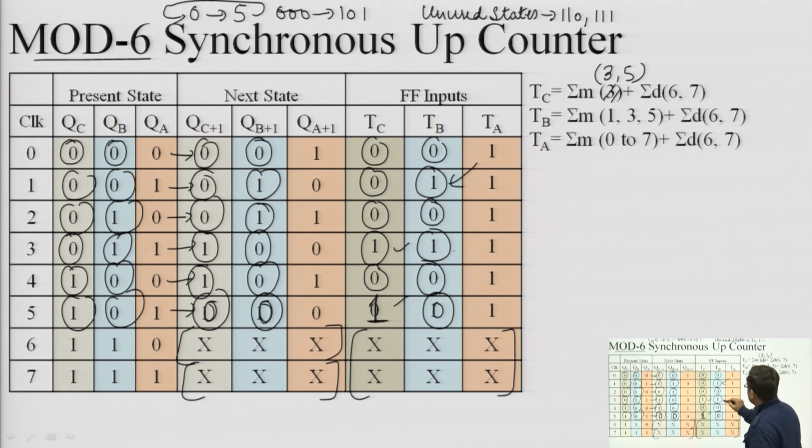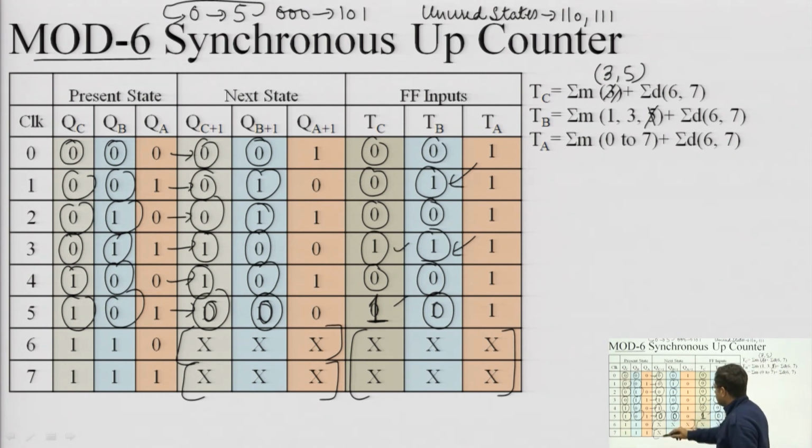Again we can check that there are two high terms, 1 and 3. This 5 is not there. So 1 and 3 are the high terms.